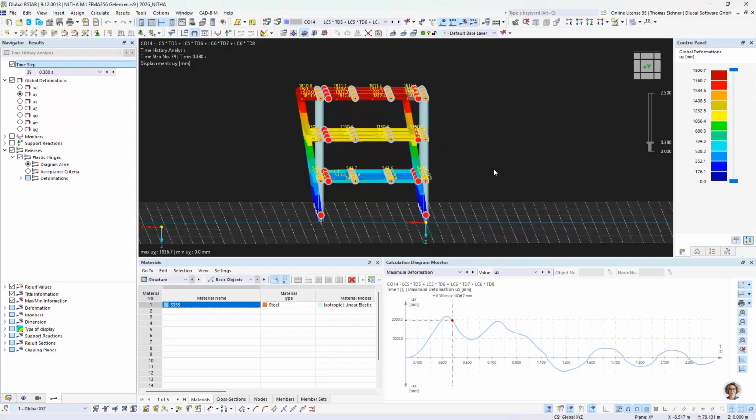Exactly. Maybe for the cyclic behavior, we don't have direct cyclic behavior considerations there. I don't know by heart. I think it's the normal kinematic one, or isotropic.